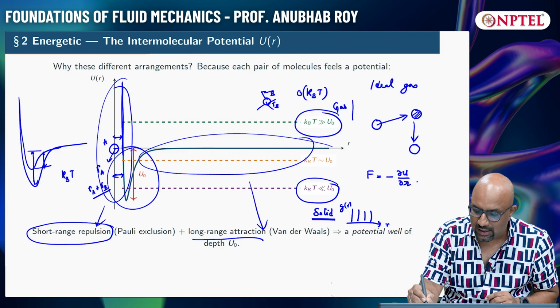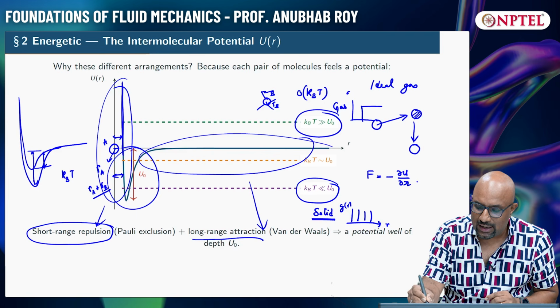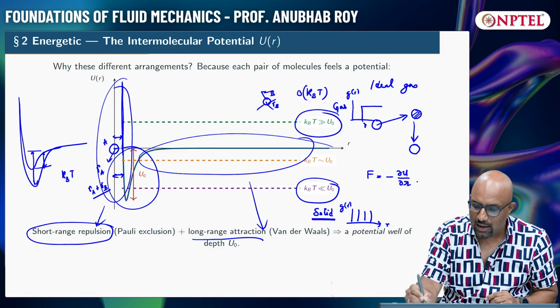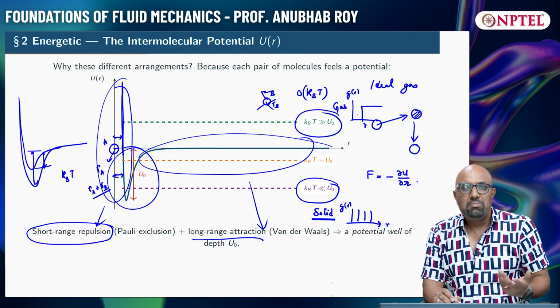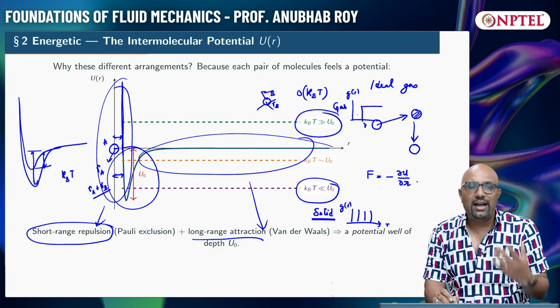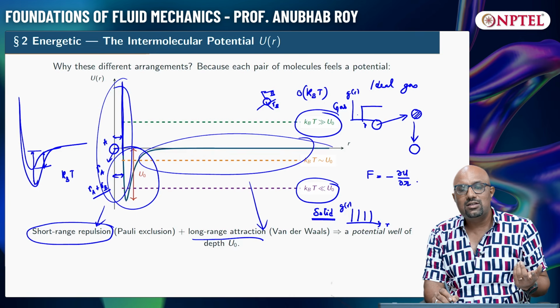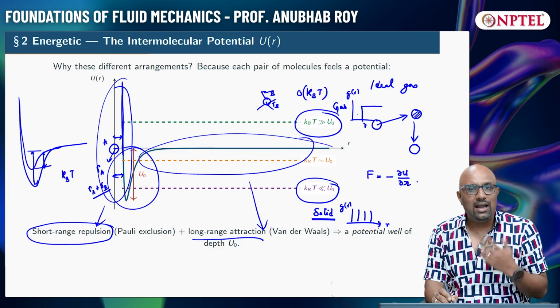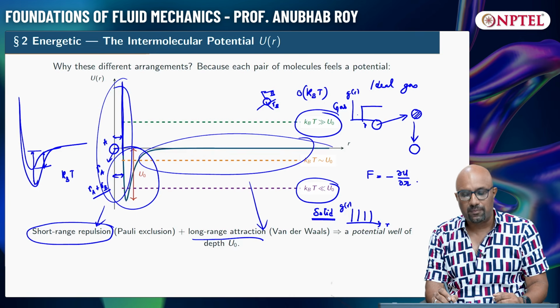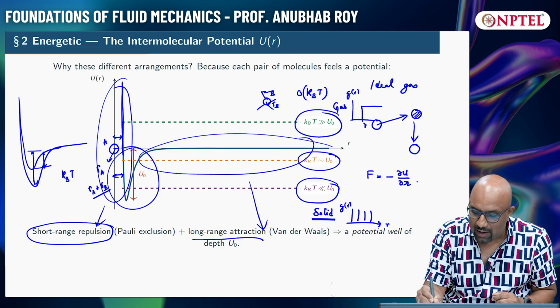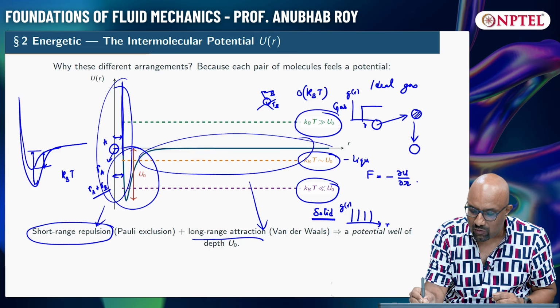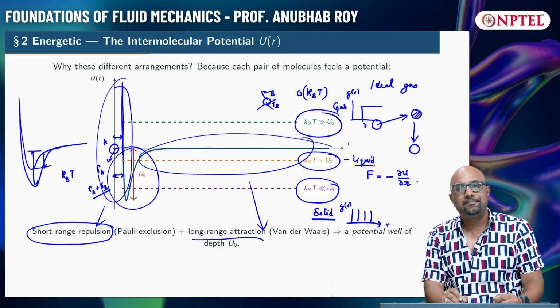Whereas if it was a gas, then it's insignificant. That long range attraction which is dictating that depth is no longer going to compete with the thermal energy fluctuation. And when they are comparable, you arrive at what we call liquids.